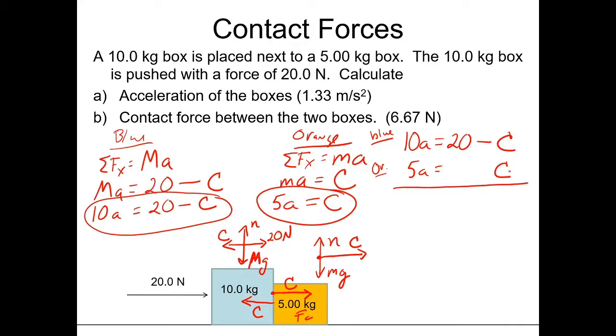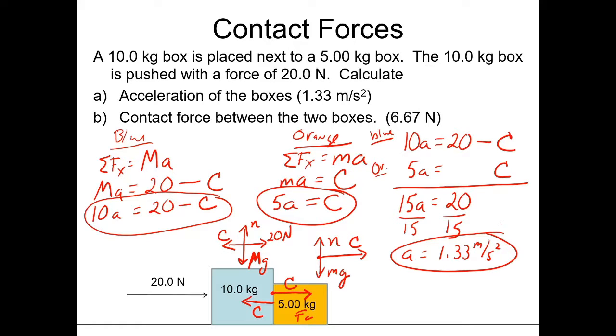Yeah, I wanted the c's to line up. Now I'm going to add equations. 10 and 5 is 15a equals 20. But notice what happens. That's why I moved the c way over here. Negative c and positive c cancel. Now I can simply divide both sides by 15, and I have the acceleration of both boxes.